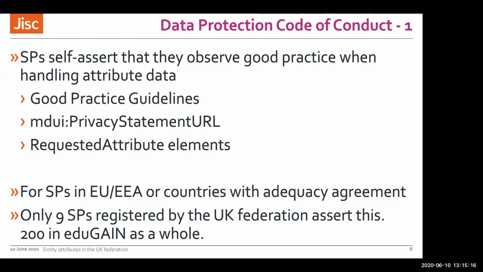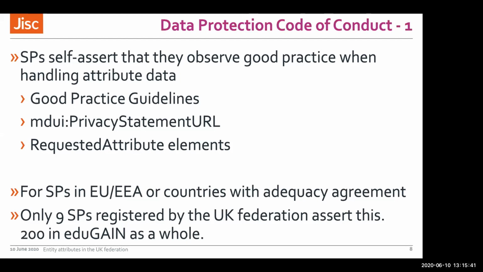The actual code of conduct itself is from 2013, so it's pre-GDPR, and I think a lot of these good practices have been incorporated into GDPR at the moment. So there are things like data minimization, purpose limitation, and transfer of data to third parties.